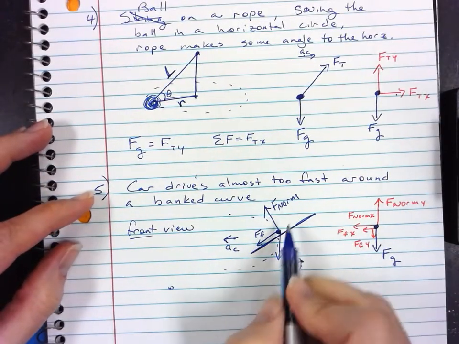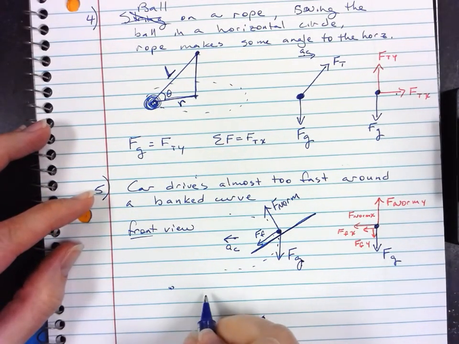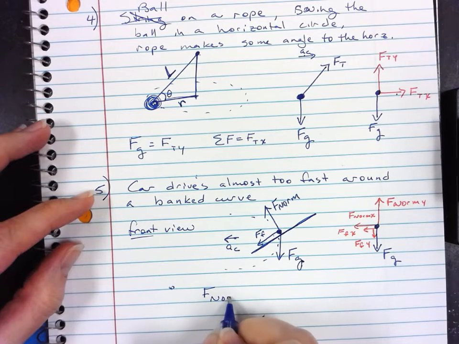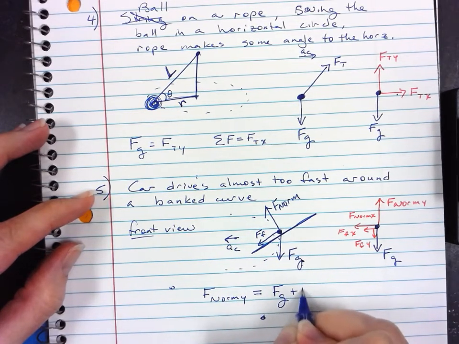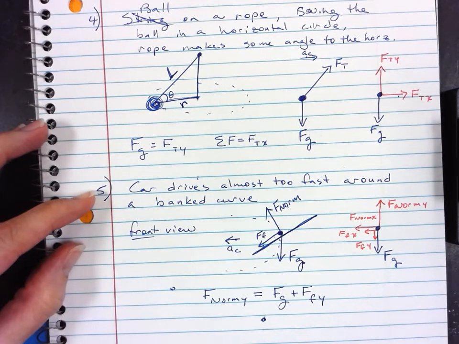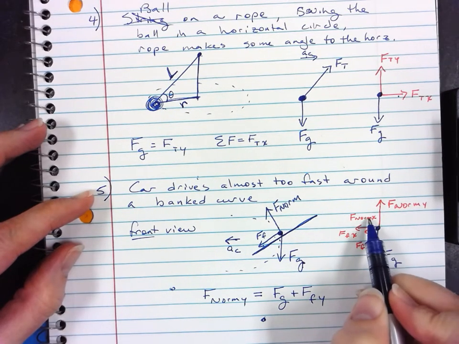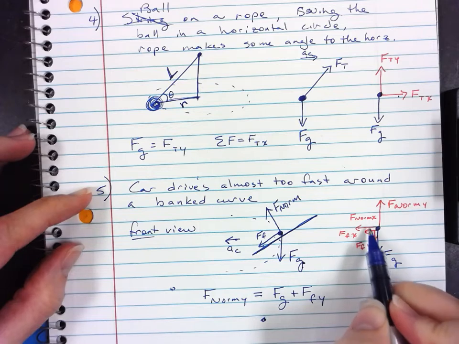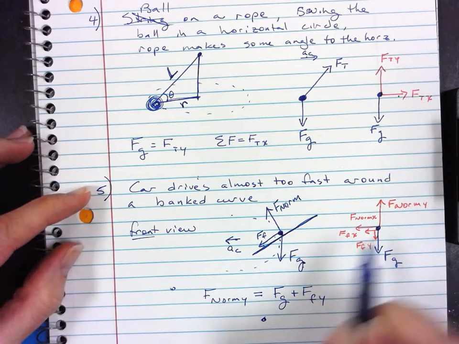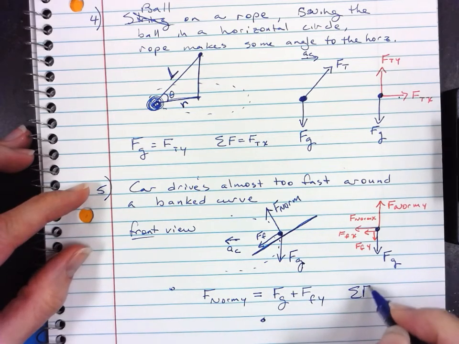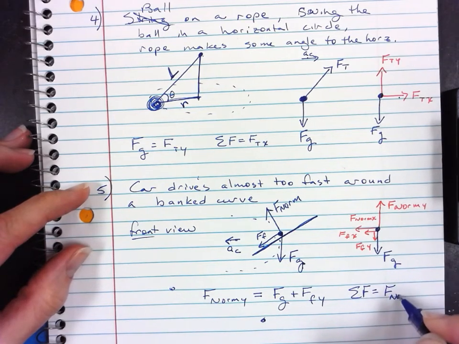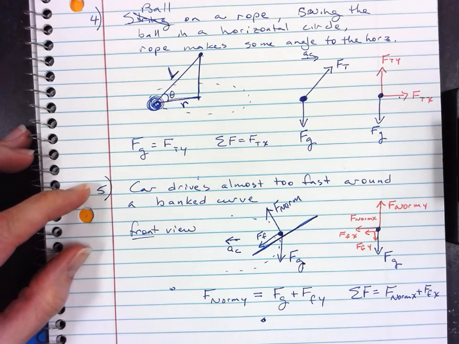So vertically, nothing happens. The F norm y has to equal the sum of Fg and Ffy. The F norm x and Ffx are in the same direction, so they add together, and they point in the direction of the centripetal acceleration. So the net force is F norm x plus Ffx.